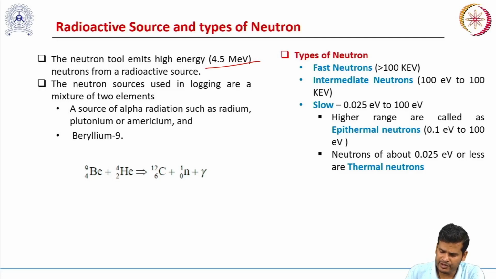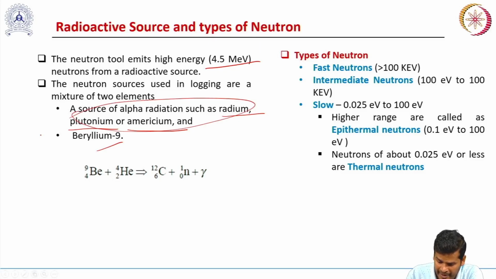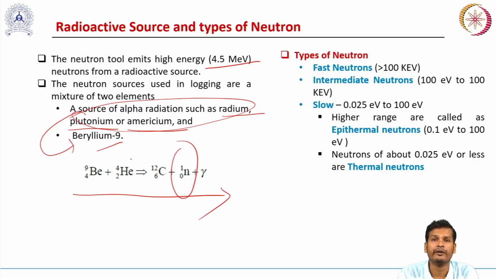Generally we use radioactive sources such as radium, plutonium or americium, along with beryllium-9. These sources generate alpha particles, and when an alpha particle reacts with beryllium-9, it gives rise to a neutron. This way these sources can be used to generate the neutrons which will be bombarded inside the formation.